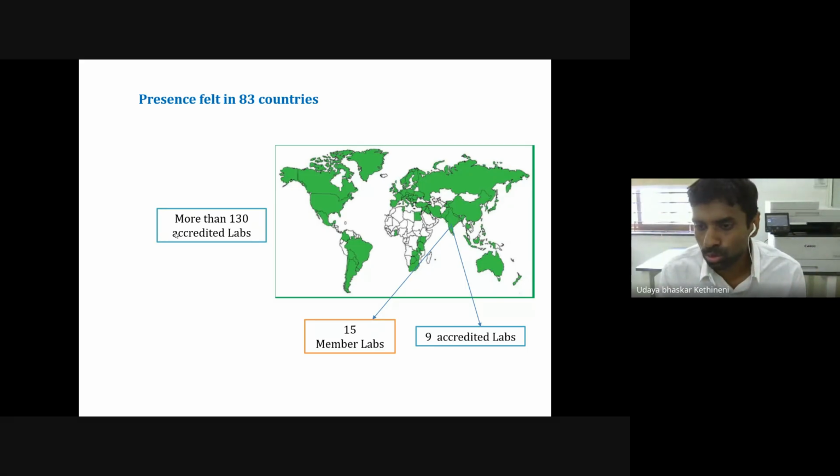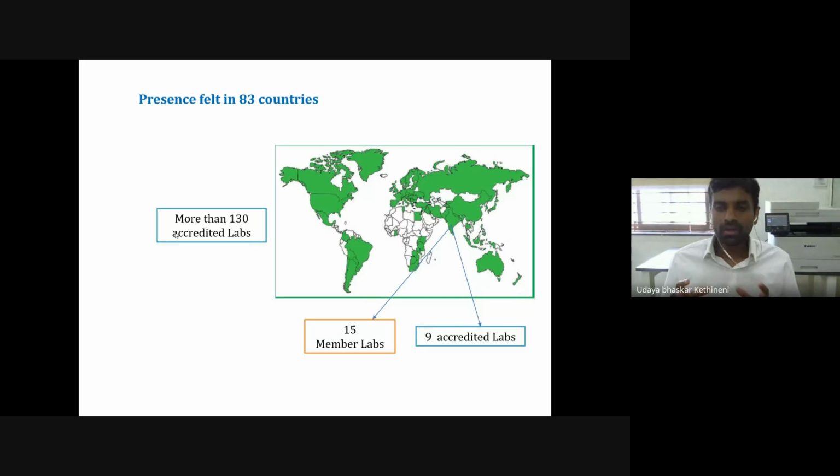Both these 2 public sector labs are accredited labs in India, whereas worldwide more than 130 accredited labs are there. And if you see member laboratories, roughly 230 member labs are there worldwide. So they have a very broad presence across the globe.